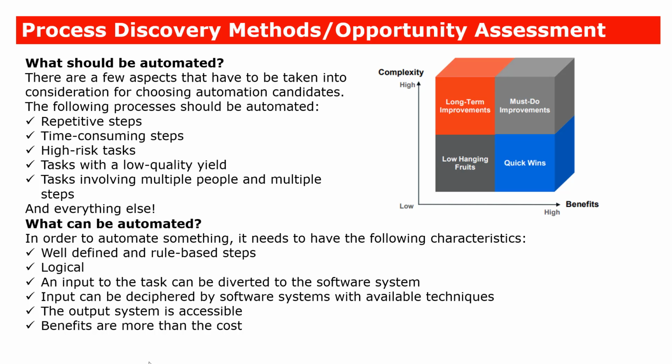So you need to ask certain questions before you start automating a process, right? The first thing you need to ask is, are the steps repetitive? Are those steps time consuming? Even though it is repetitive, does it take only 2 minutes to do? If it takes only 2 minutes and we will need 120 man hours to develop that process, there is no need for that process to be developed, right?